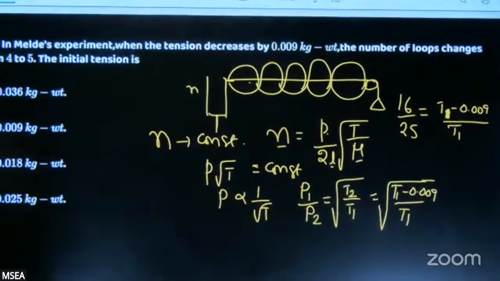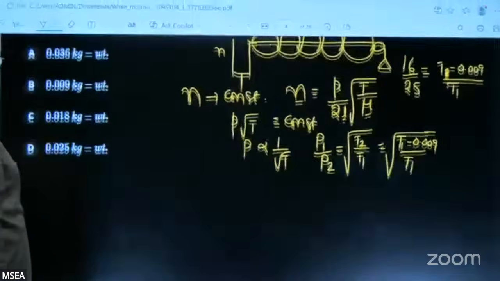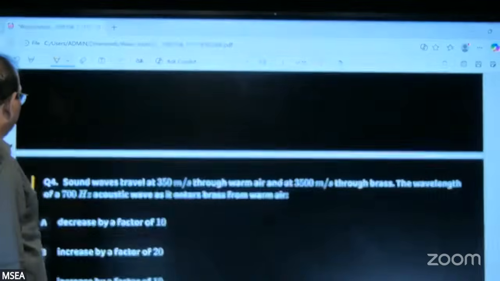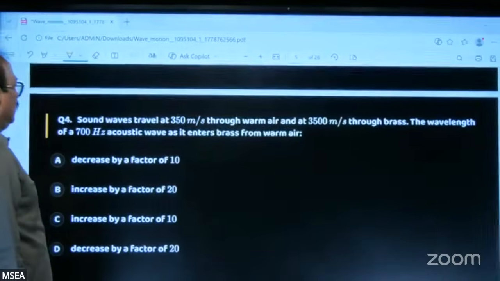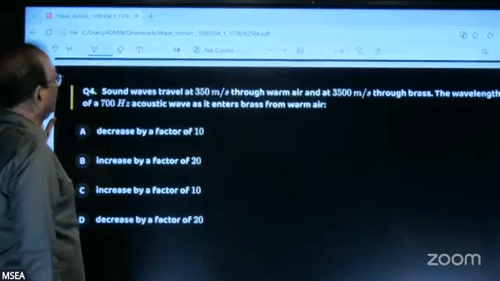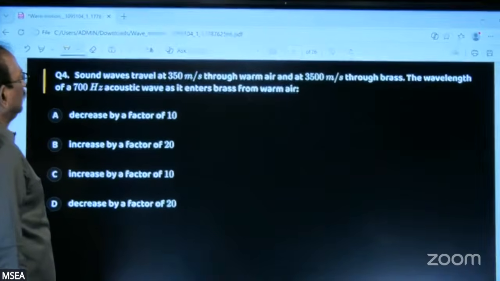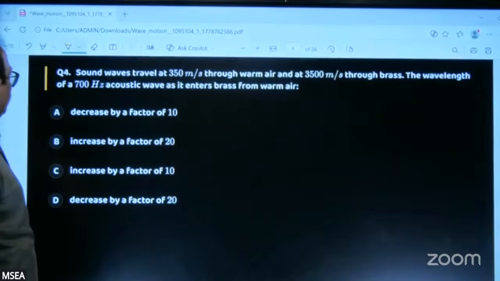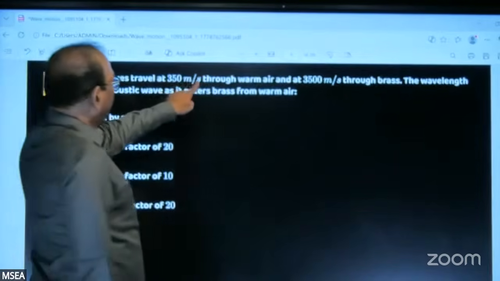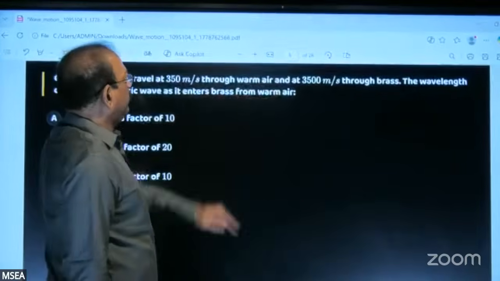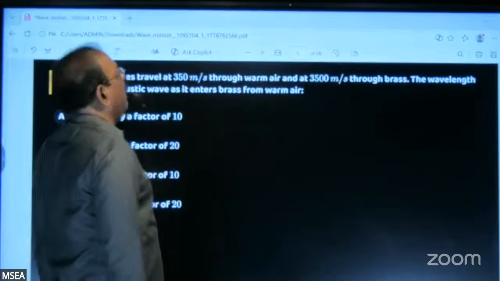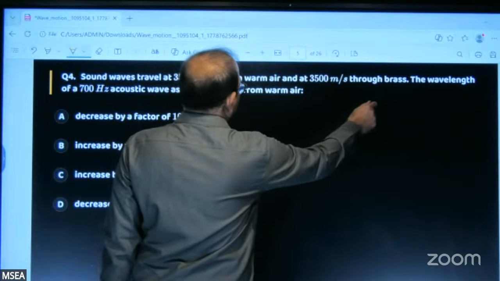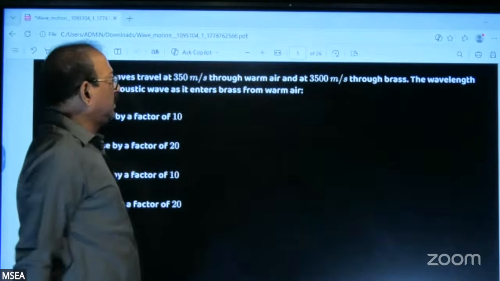Okay, let us move to the next problem. Sound waves travel at 350 meter per second through warm air and at 3,500 meter per second through brass.